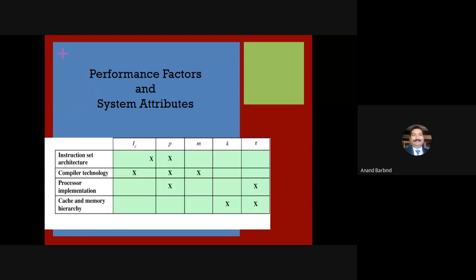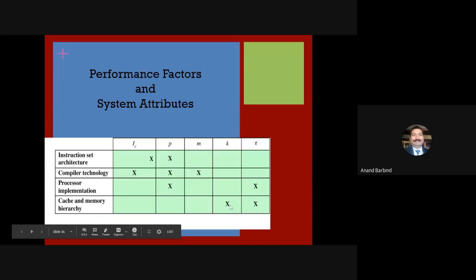Because this cache is not present at one level, there are different levels of cache. The cache which is very close to the CPU or inside the CPU is the fastest cache. So there are level 1 cache, level 2 cache, level 3 cache, and like that. This is the hierarchy of the memory, and that determines this particular k.